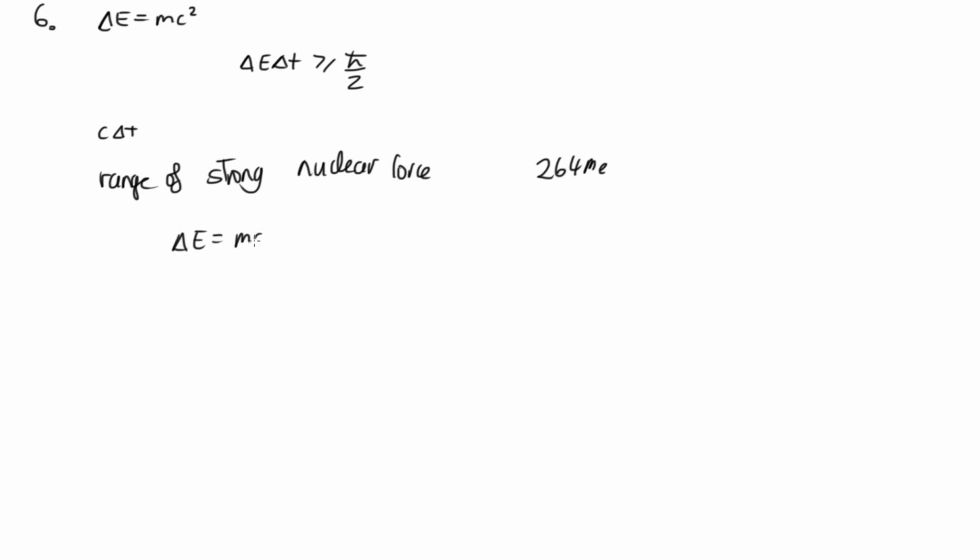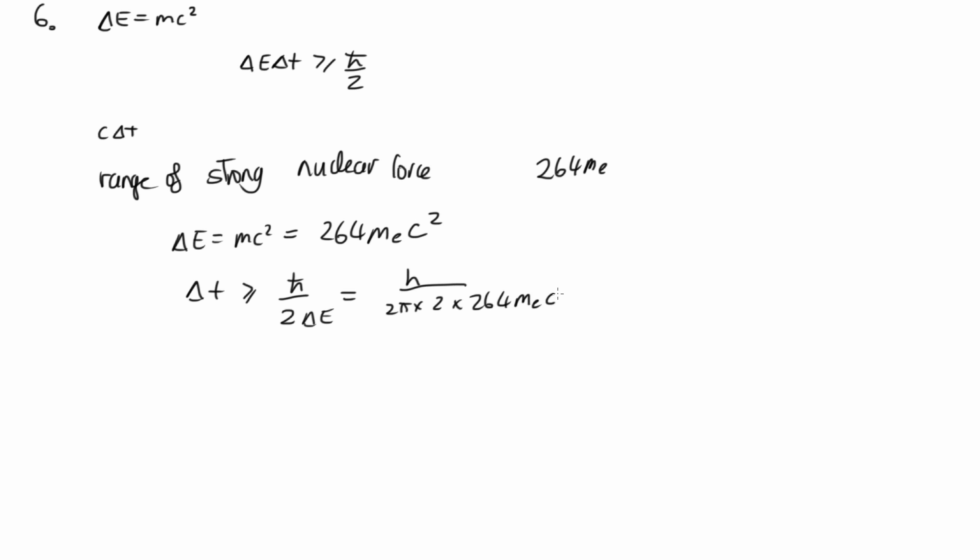That's equal to mc squared, which is equal to 264 times the mass of the electron times c squared. Okay, now delta t, that's going to be greater than or equal to h bar on 2 over delta E, which is equal to h over 2 pi times 2 times delta E, which is 264 mec squared.